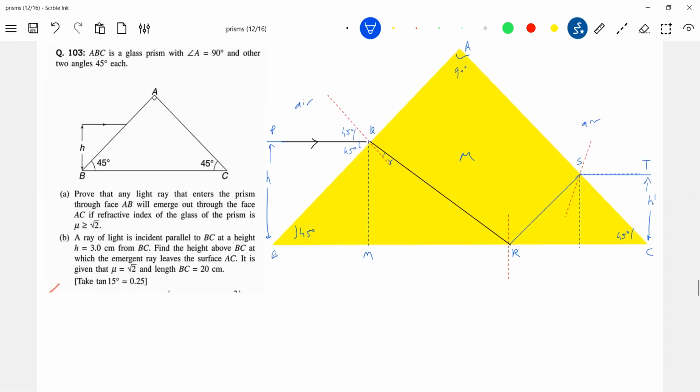Okay, I'll proceed with the mathematics. So sine 45 degrees is equal to mu into sine R. This will be 1 by root 2 equals root 2 sine R. Therefore R will be 30 degrees. Keep this in hand, very useful for us.